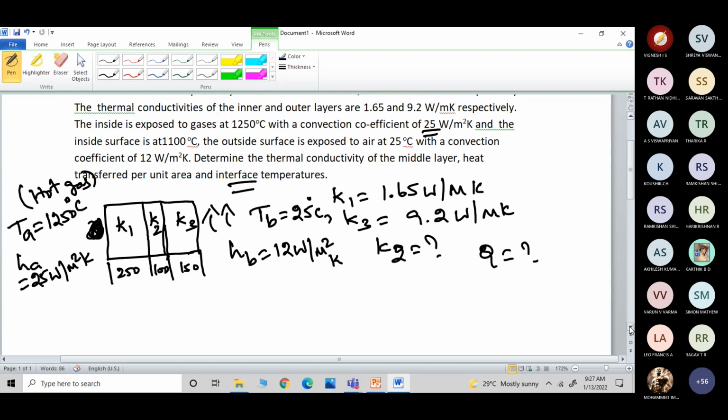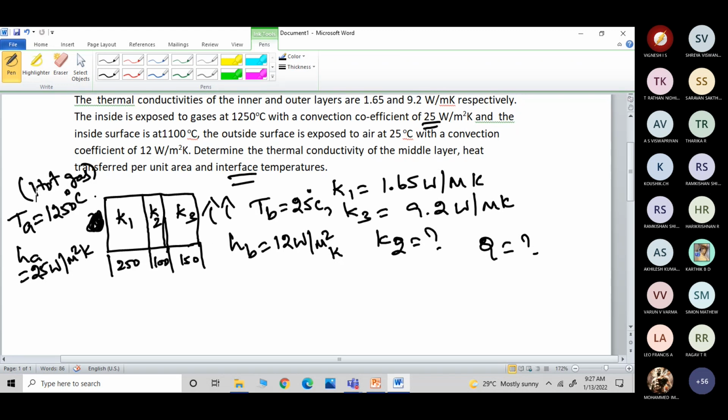Okay. Now we know that, so assume the inside temperature as T1, this as T2, and this as T3, and finally we have T4. Or let me draw it again. We have a composite wall like this.